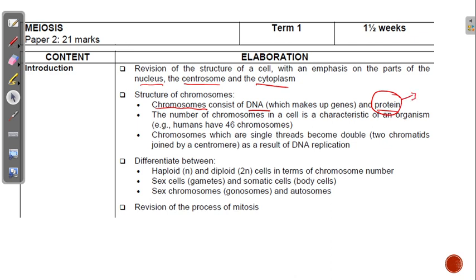We dealt with this when we were doing replication. Those are your histones. Your histones and DNA together coiled up make your chromosomes. All chromosomes in a human somatic cell are 46, right? And then they can replicate during DNA replication and make a copy of themselves.